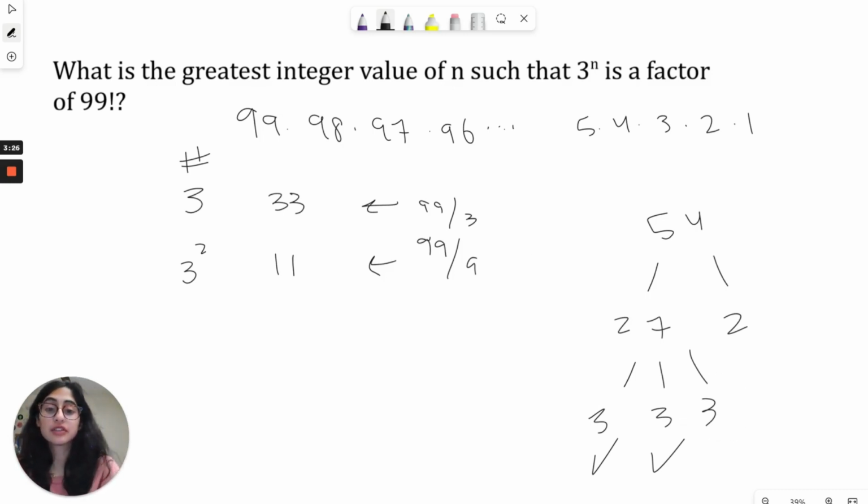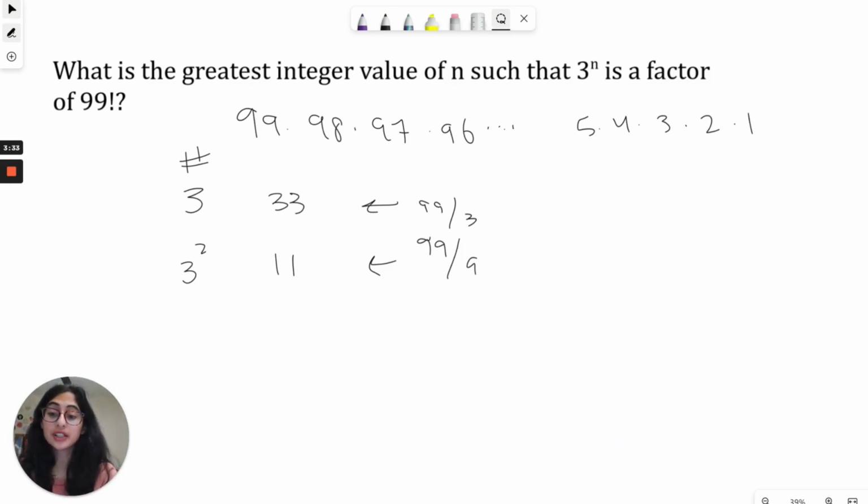So we have to find how many multiples of 27 are in here, because for all of those, we need to count our 3's three times. Well, we have 27, 54, and 81. So that's 3 different multiples. We can't go higher than 81 because that would be higher than 99.